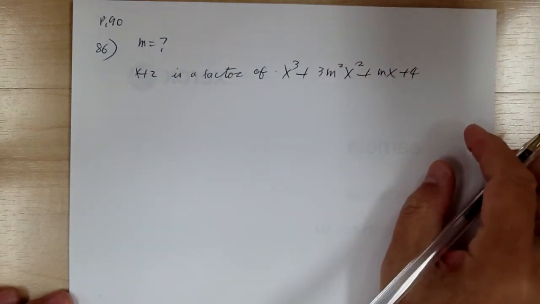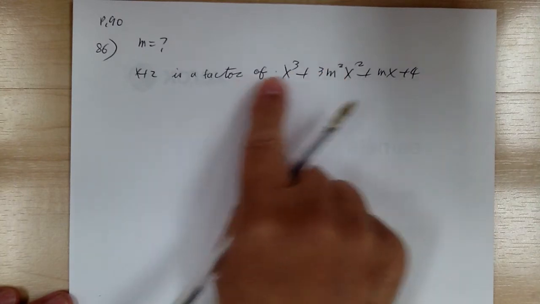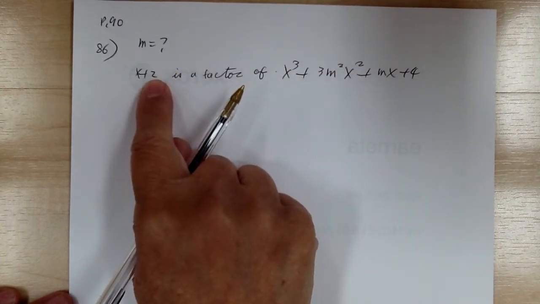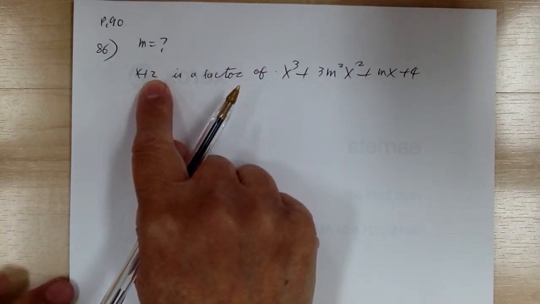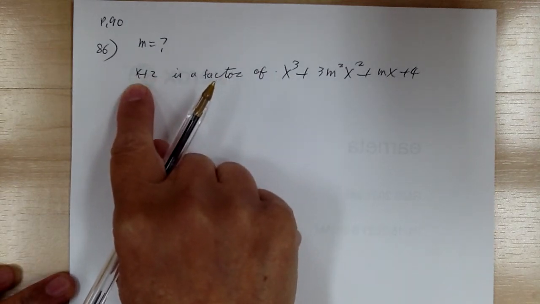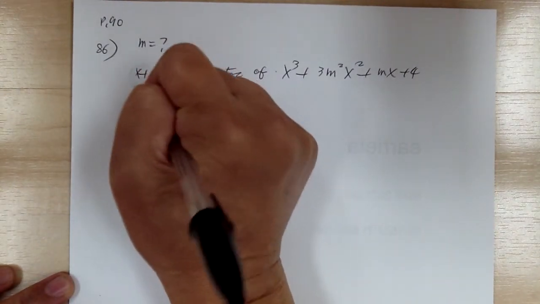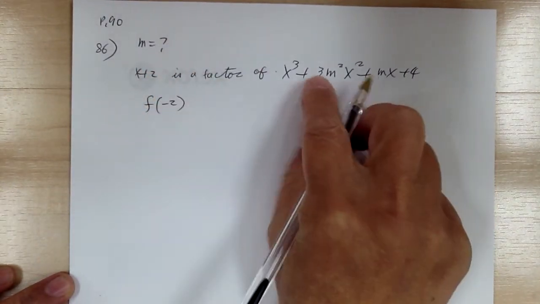So again, if this is a factor of that, then dividing would give exactly no remainder. And if you solve for this, the value of x would be -2. So you want to apply f of -2 to this.